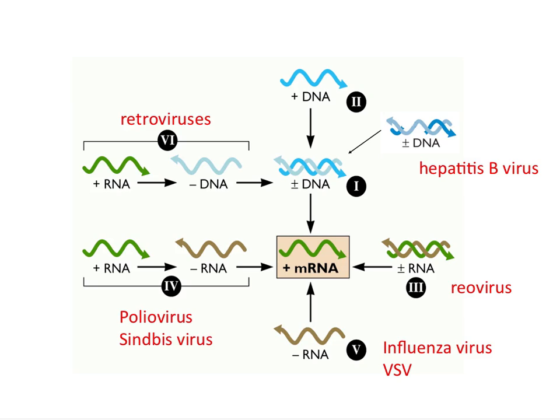It's converted to first a single-strand minus strand DNA, then a double-stranded DNA copy, which then goes to mRNA. We will also talk about the hepatitis B viruses, which have reverse transcriptase in their life cycle as well, even though you don't see it on this scheme. We'll talk about those later on today.